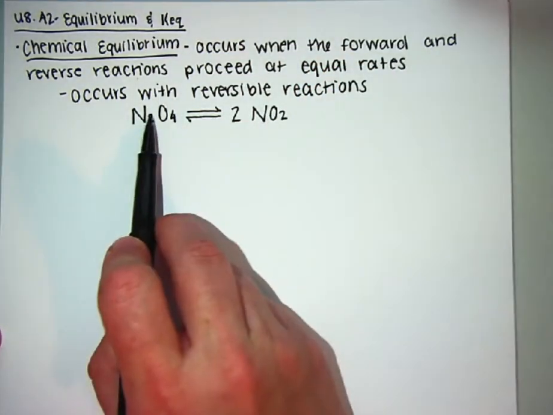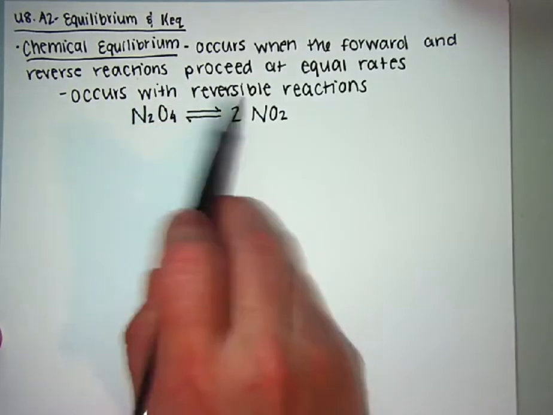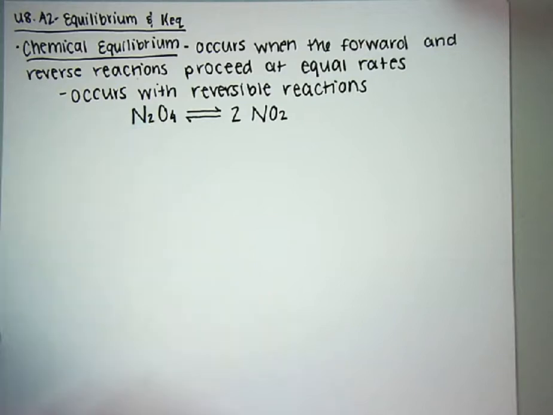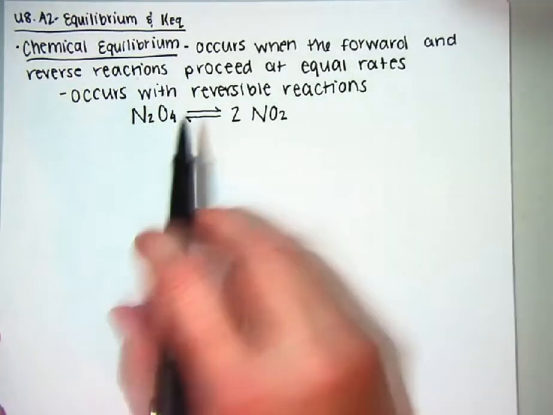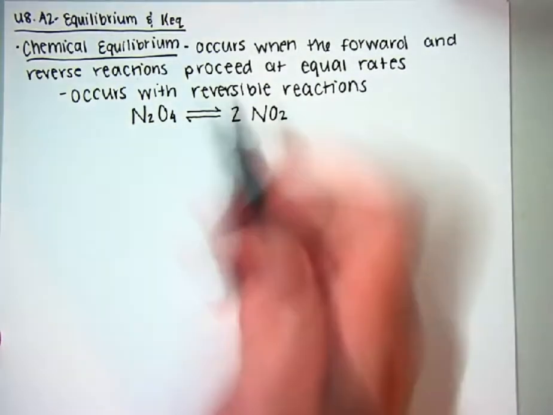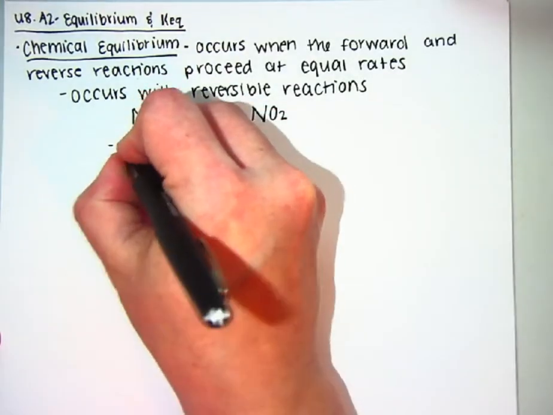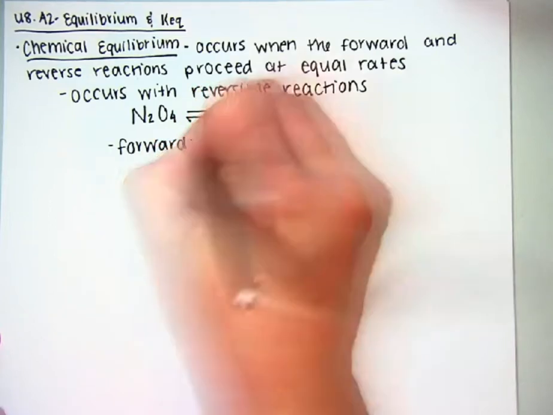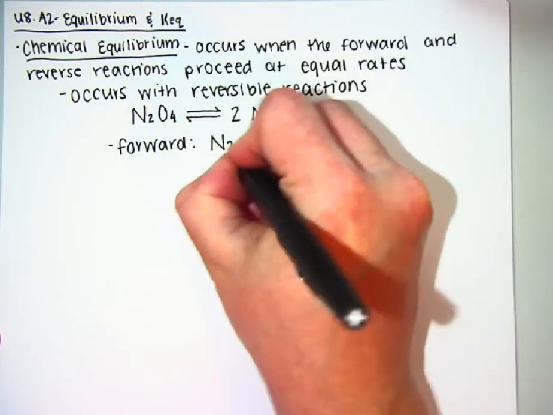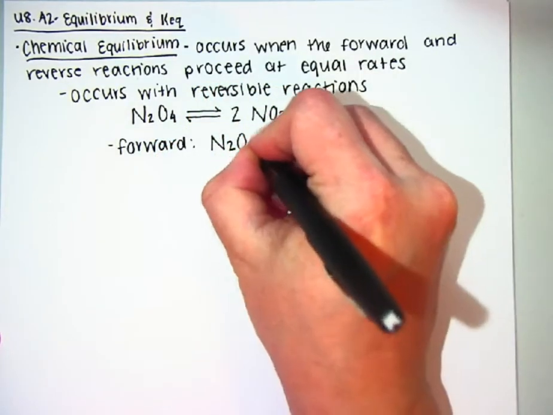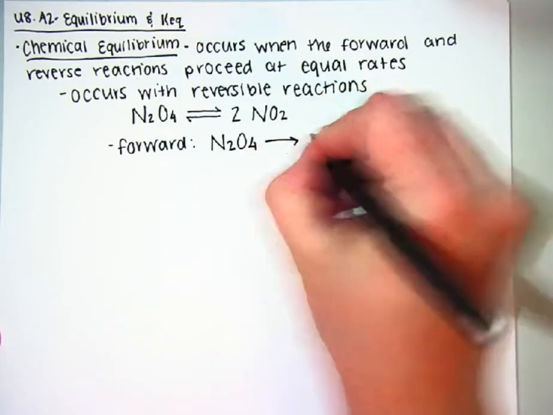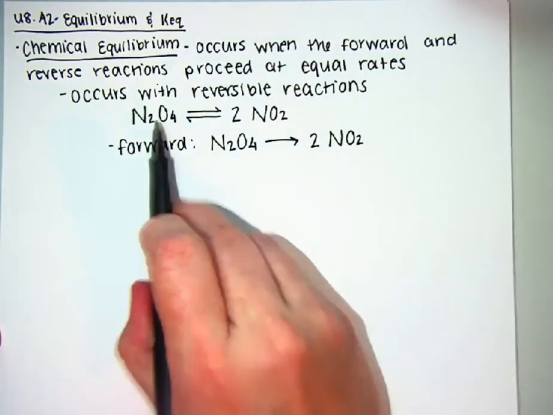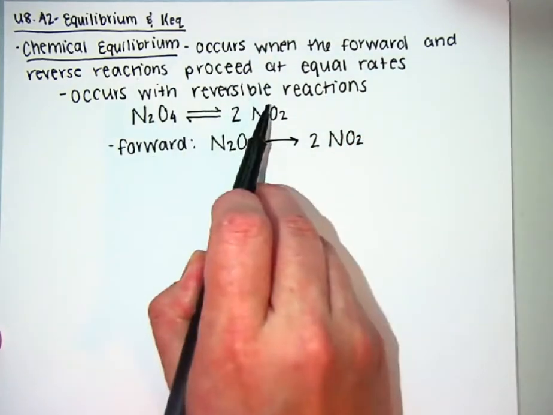So either it can proceed from left to right, or the products can go back and form those reactants. When this reaction goes forward, dinitrogen tetroxide would break down into 2 moles NO2. It proceeds in the forward direction.